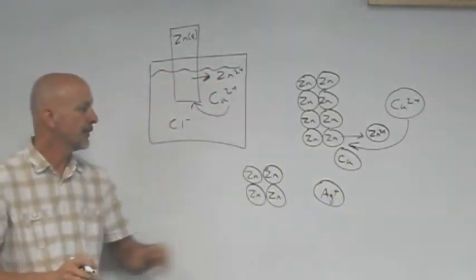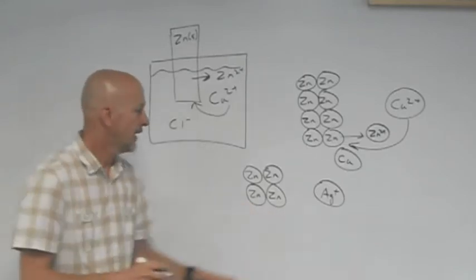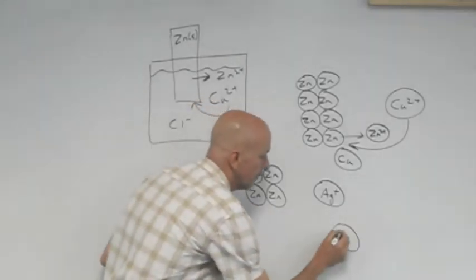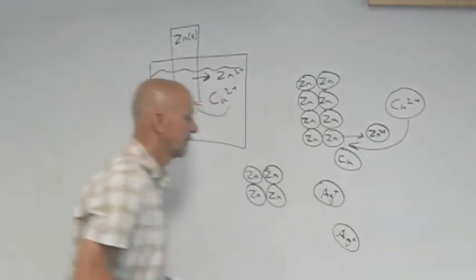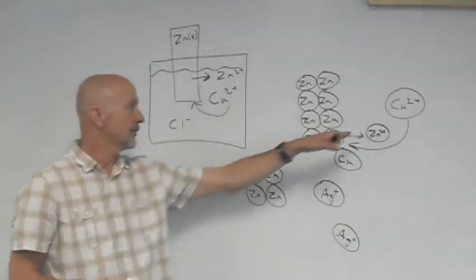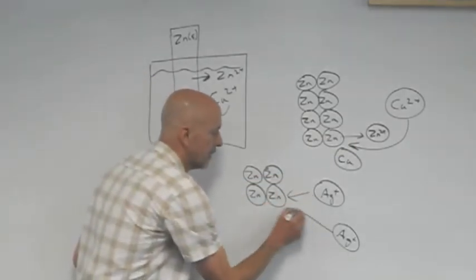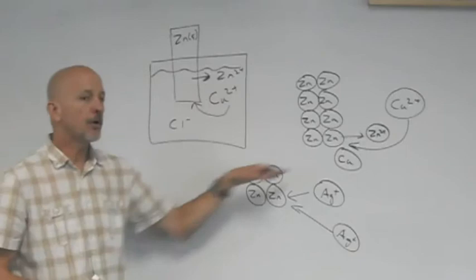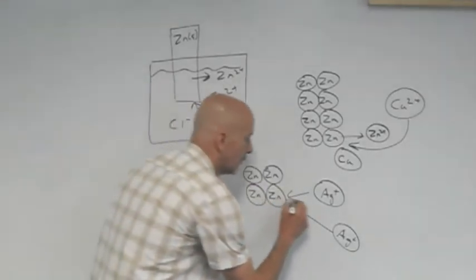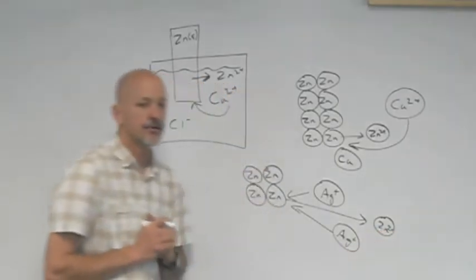In a lab we had silver ions in solution. Silver is only a single plus. And so what I'm going to need is, zinc is going to need to be in solution as 2 plus. So I'm going to have 2 silvers come in. Each one takes 1 electron for every 1 zinc that goes into solution.